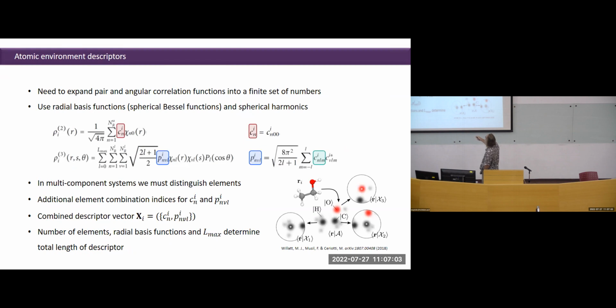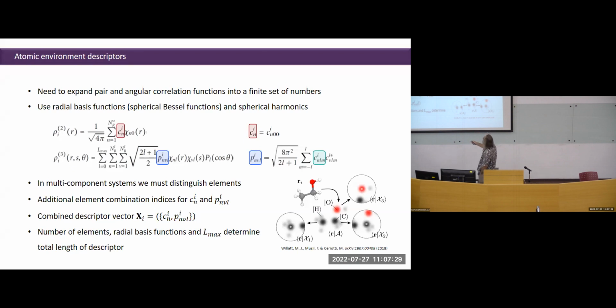These were the expansion coefficients in this original function that I showed you with the spherical harmonics and the Bessel functions. So these are the coefficients of our pair distribution function, and this is the angular distribution function where we have another set of coefficients, but computed out of the same set.